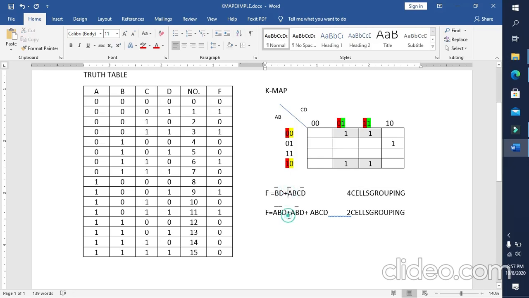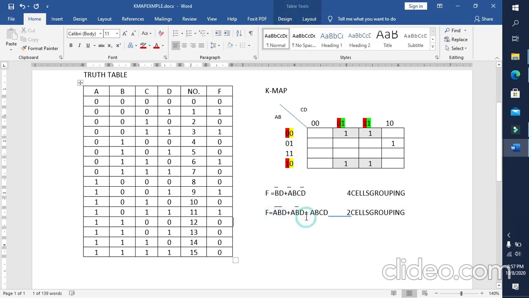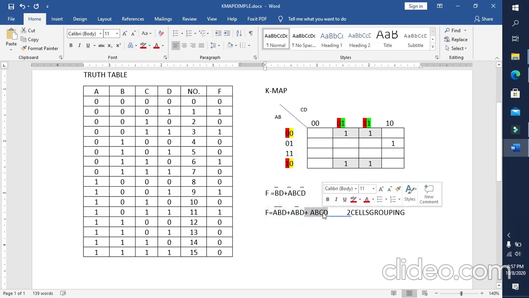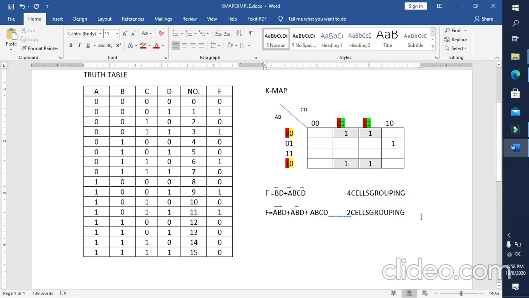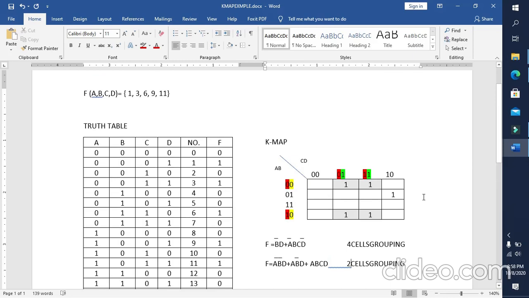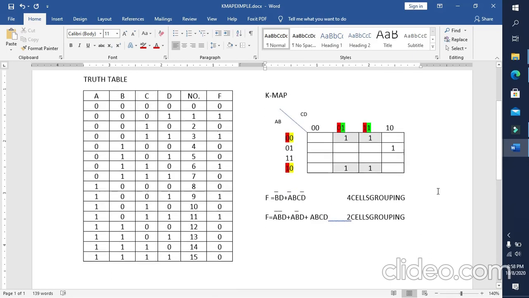Where in fact, ito siya, isang OR gate, tapos ang result niya, i-OR dito, 2 OR gates. So, if you will have the 2 cells grouping, medyo complex ang logic circuit mo. Okay? So, that is how to solve a function using the K-map and the truth table.